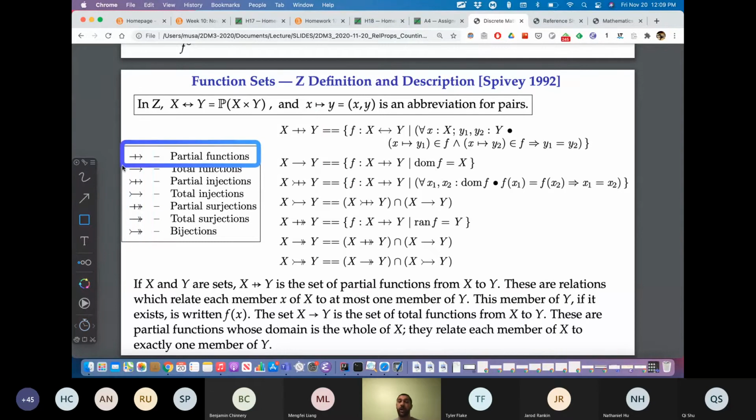Univalent relations are also called partial functions, and they're an arrow with a line in the middle, right? Total functions, that is total and univalent relations, are a full normal arrow as you've seen them, right? Arrows with a hook like this are known as total injections, and as usual, you use a line through it to make it partial, right?